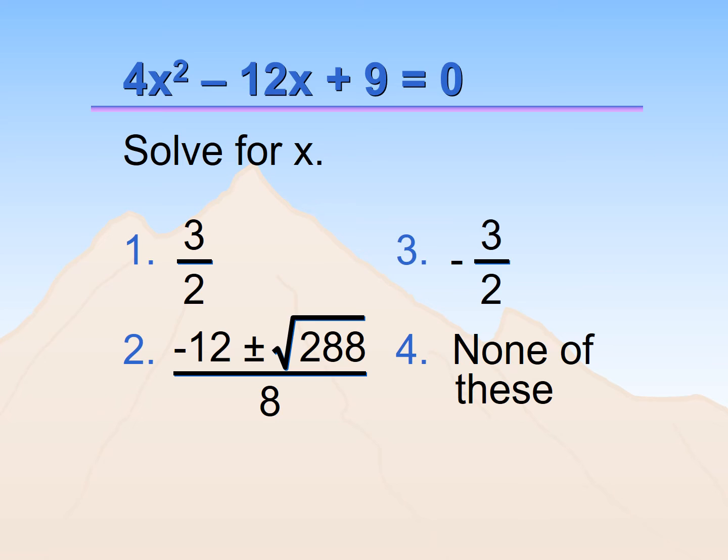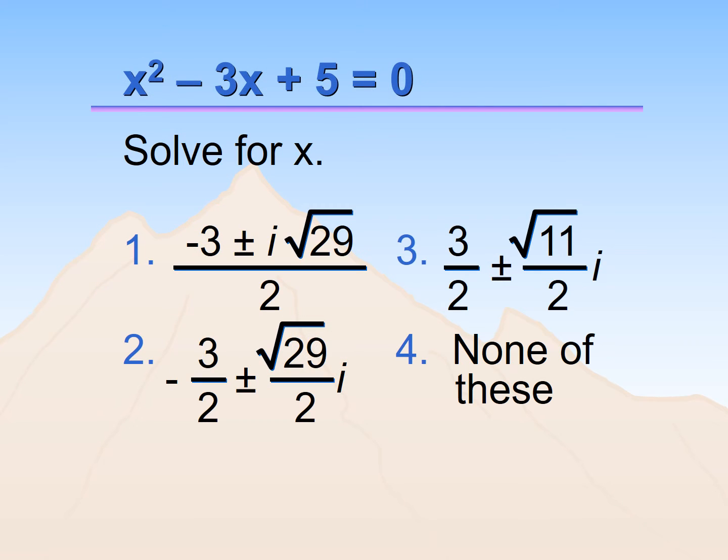So then you end up with 12 plus or minus the square root of 0, which is 0, divided by 8. So you get 12 plus or minus 0, which is 12, and then over 8. And then 12 over 8 reduces to 3 over 2. So you should have gotten option number 1, 3 over 2.